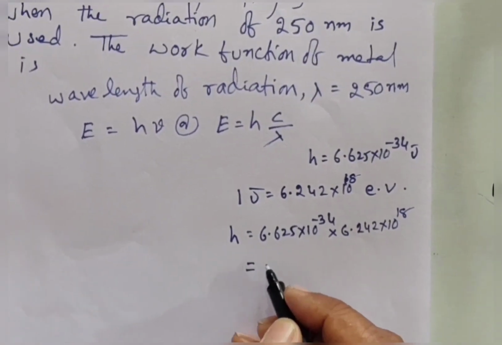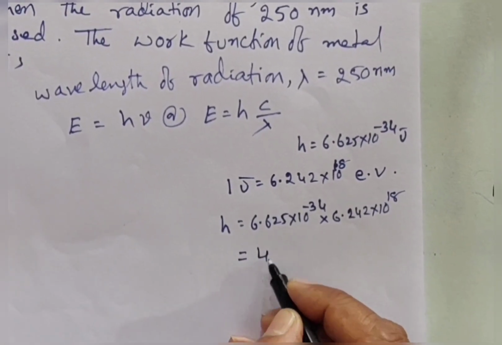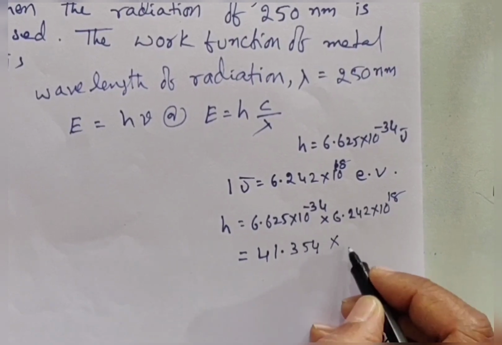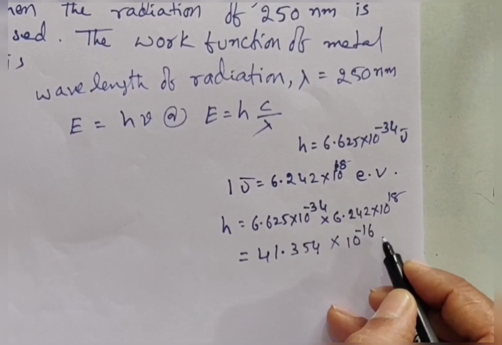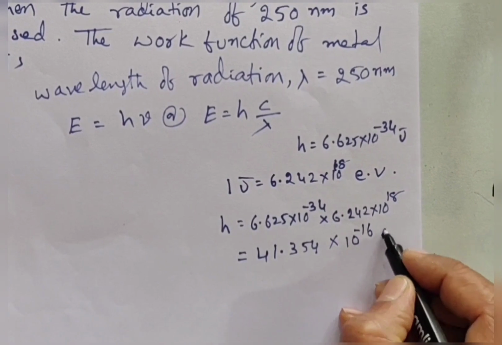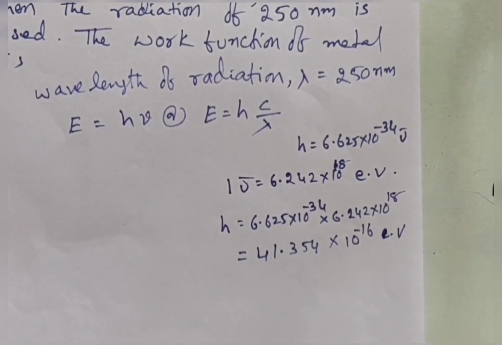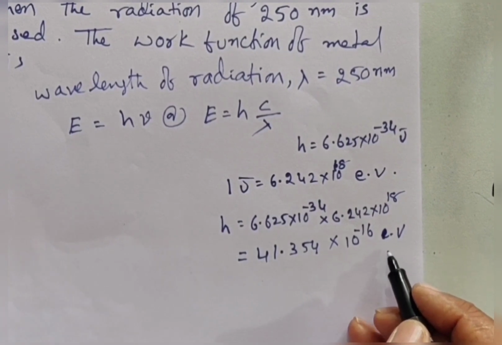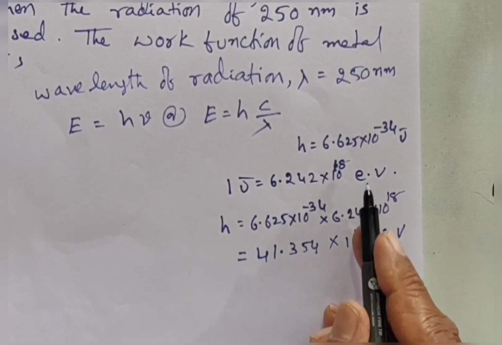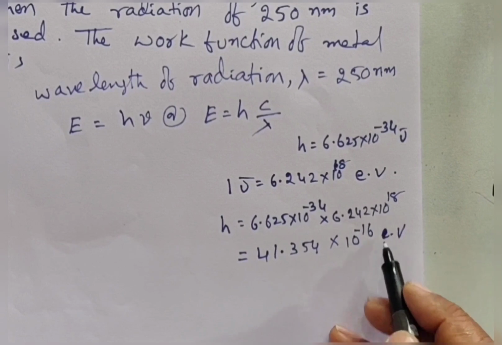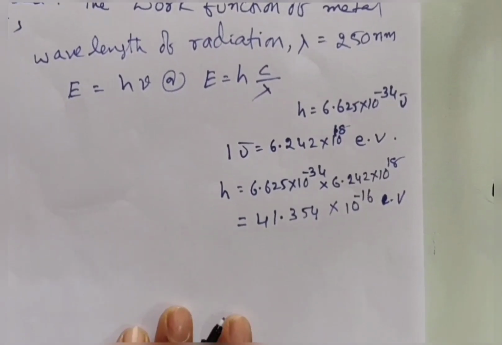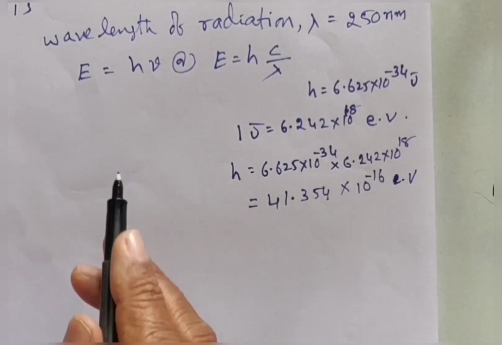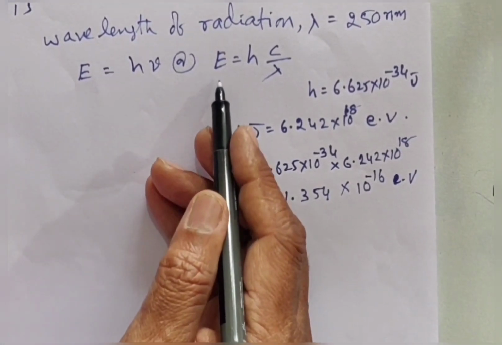On simplifying, you will get 41.354 into 10 power minus 16 electron volts. It is a very, very easy problem. Then you have to convert these units from joules into volts. Now you have to substitute these values in this mathematical expression.